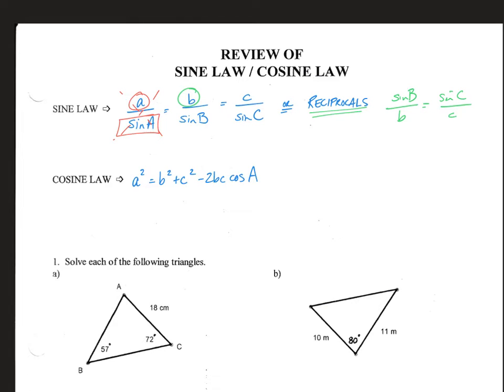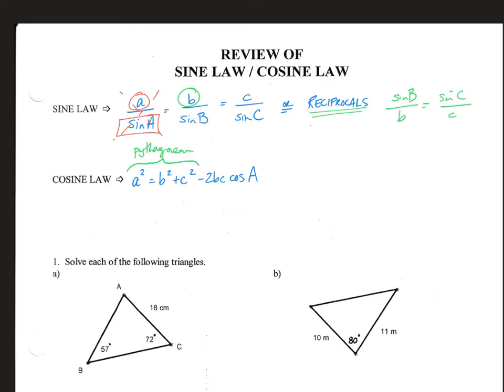Next, let's take a look at cosine law, one of those uglier formulas that you would have been required to know at a grade 10. I want to jump a little deeper into what cosine law is so that it becomes not just a formula for us, but we can actually understand maybe a little bit better where it comes from and maybe a little bit better its application. So what you'll notice is that cosine law starts out with a form of Pythagorean theorem.